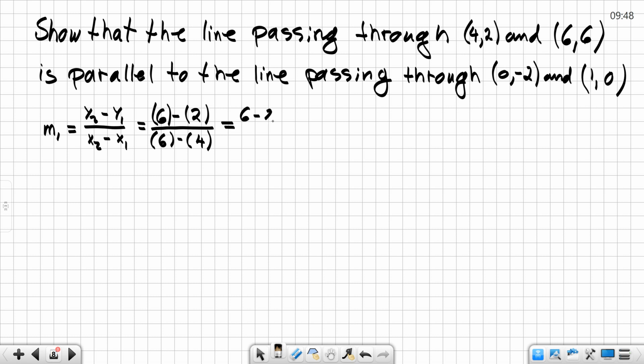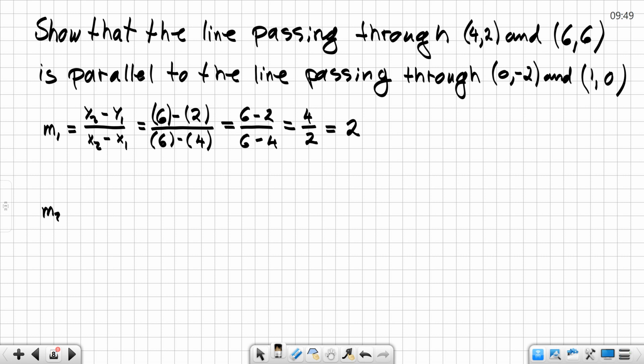Opening up the parentheses, this is 6 minus 2 divided by 6 minus 4. All right, that will be 4 divided by 2, and that will give us 2. So the first slope is equal to 2.